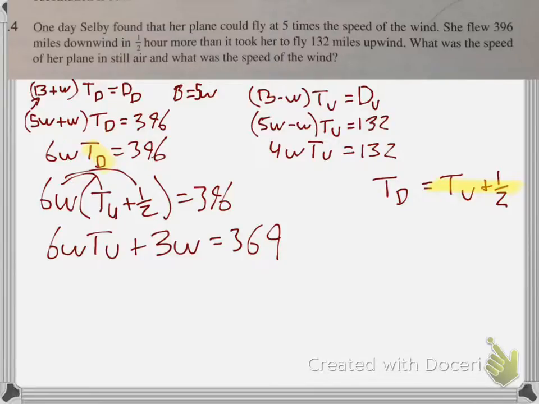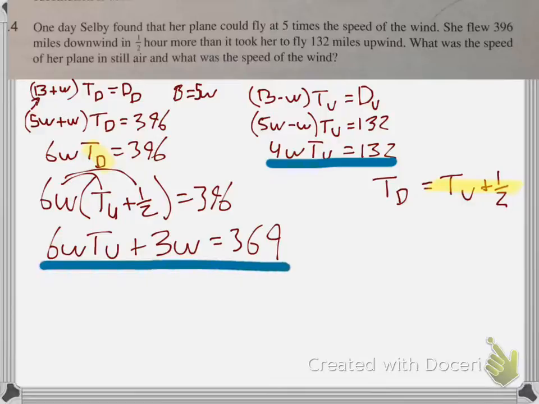Wait a minute. We still have this equation and that equation now. Guys, we could try elimination, but the second equation with the 4WTU doesn't have any W's in it.